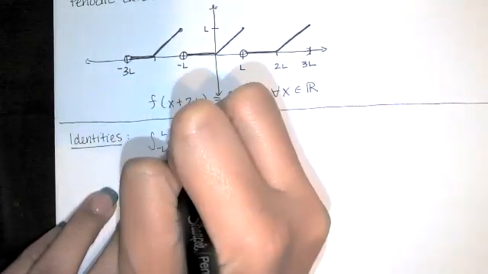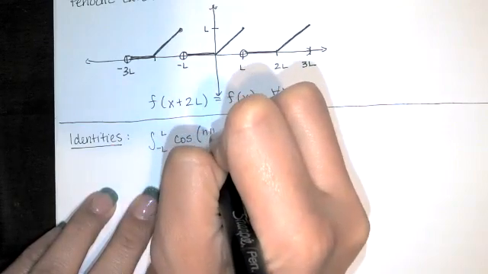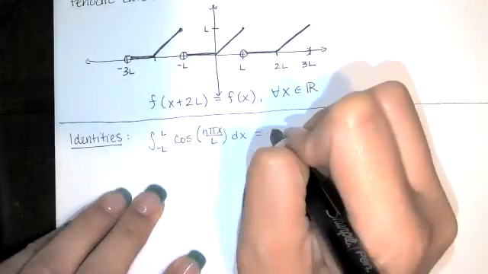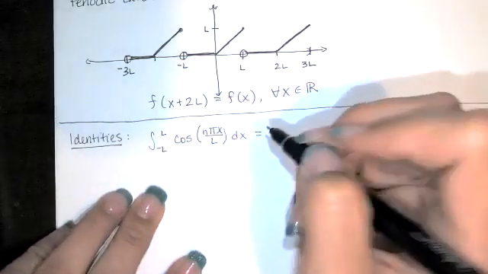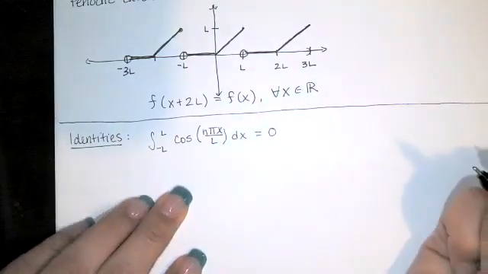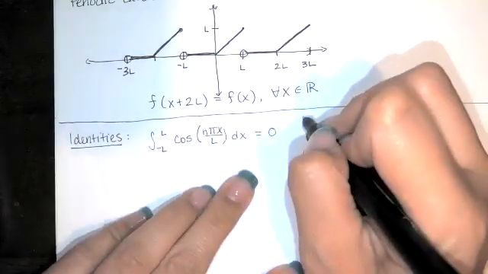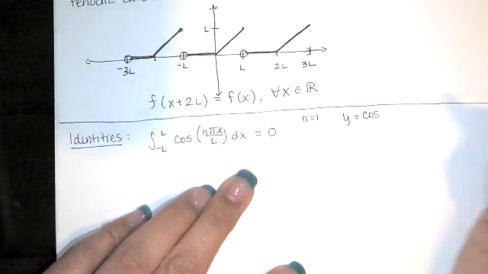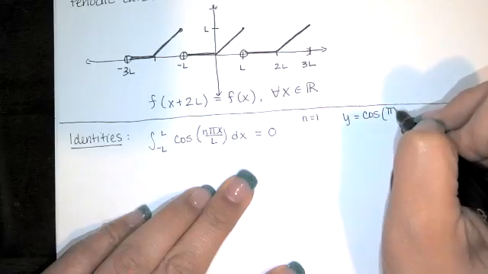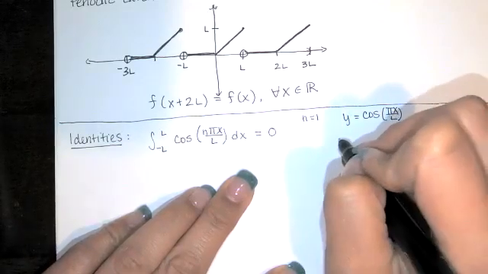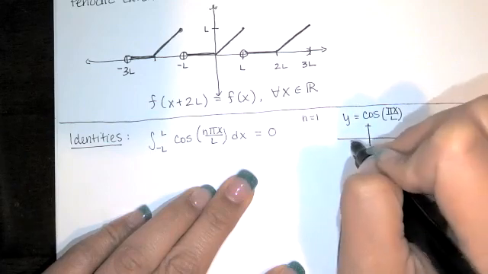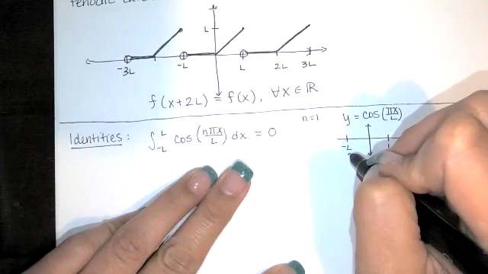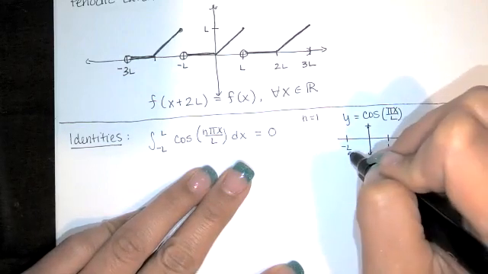On the interval from negative L to L, the integral from negative L to L of cosine of n pi x over L is 0. Now for n equals 1, we would have y equals cosine of pi x over L. So that's where you would see 1 period on the interval from negative L to L. That might look something like this.